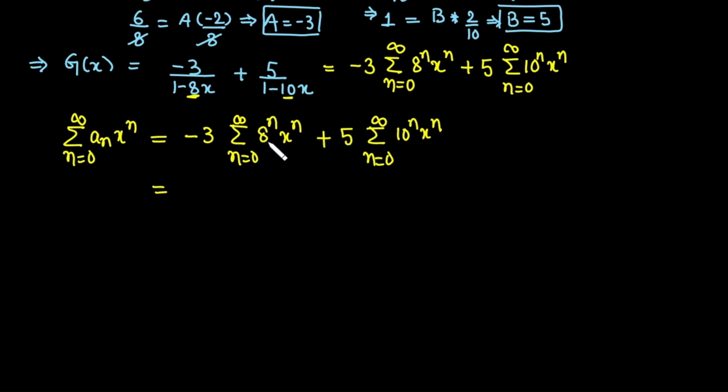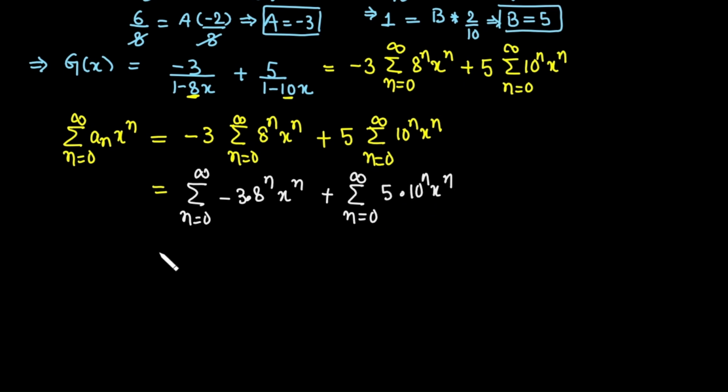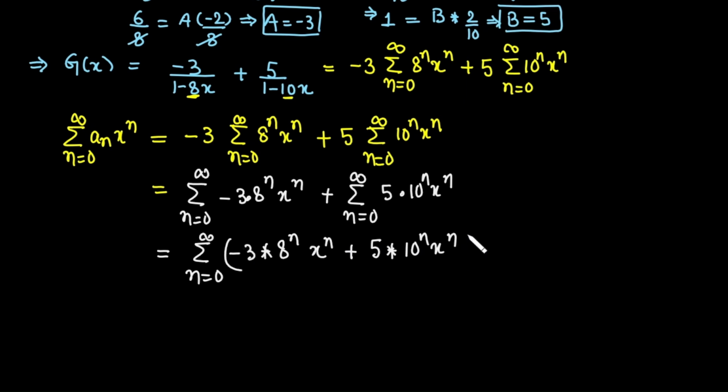We can write, take this constant inside, minus 3 times 8 raised to power n into x raised to power n, and in this case take 5 inside. We can write summation n from 0 to infinity 5 times 10 raised to power n x raised to power n. This can also be written as summation n from 0 to infinity of minus 3 into 8 raised to power n into x raised to power n plus 5 times 10 raised to power n x raised to power n, because this summation is the same as the indexes are also the same.